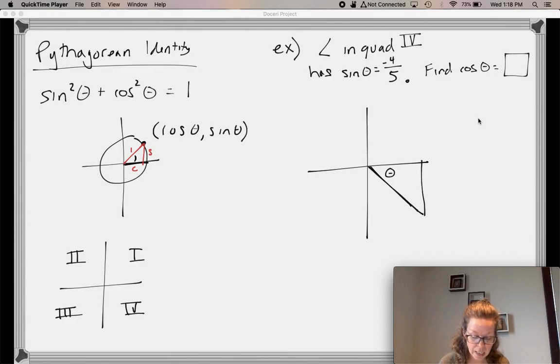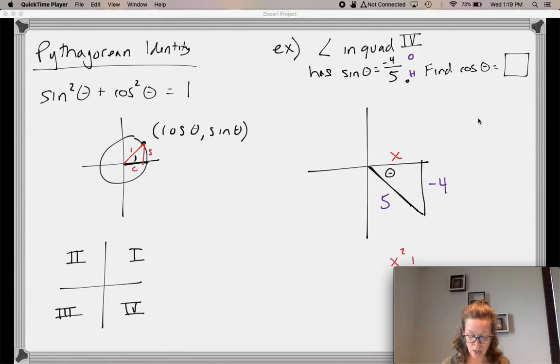Now sine, when we do SOHCAHTOA, sine is opposite over hypotenuse. So that means that the opposite side in this triangle must be -4, and the hypotenuse side in this triangle must be 5. So what we want to find is then how big is the x side in this triangle?